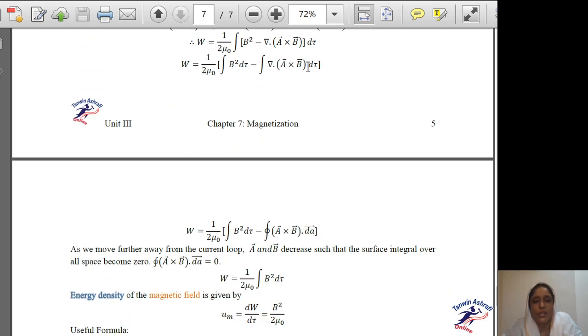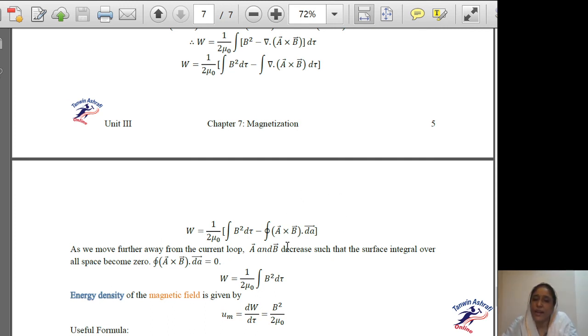Now, if we take the divergence theorem over here, we will have the integration over closed area of A cross B over the area dA. As you move away from the current flow, both A and B decrease such that the surface integral over all space becomes 0.